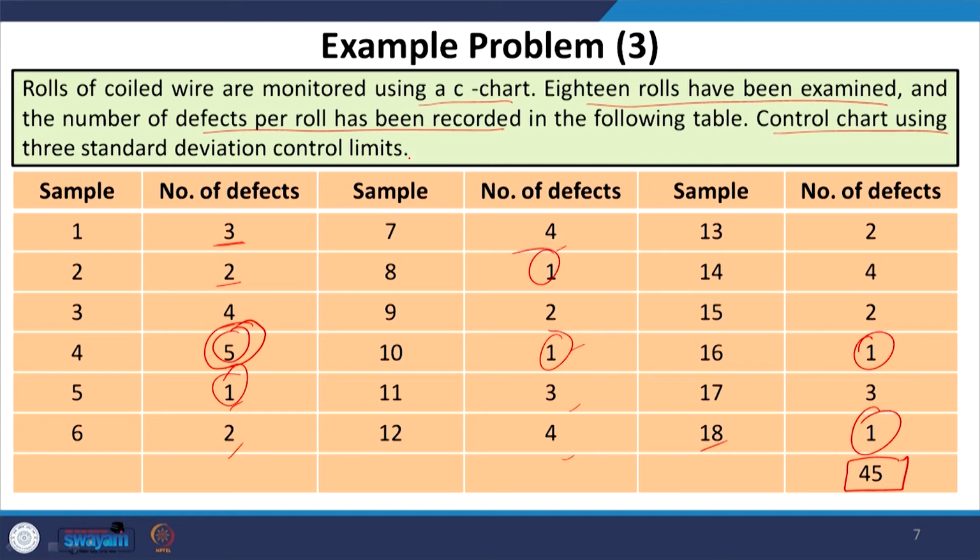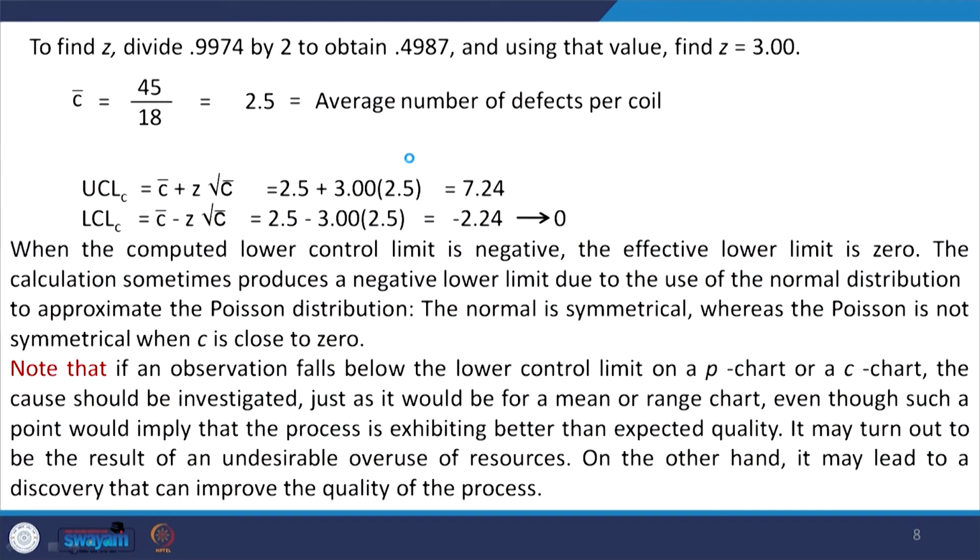Here we have taken the values of the number of defects per unit. The total number of defects C is 45 and the total number of samples is 18. So, the average value of C is 45 divided by 18, which is 2.5 defects per sample, the average number of defects per coil.